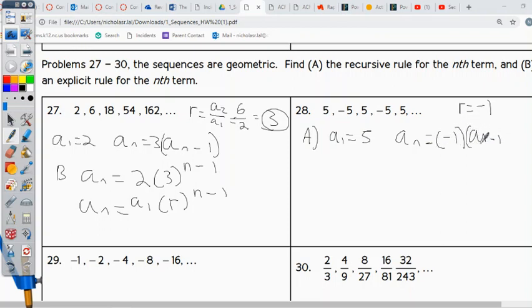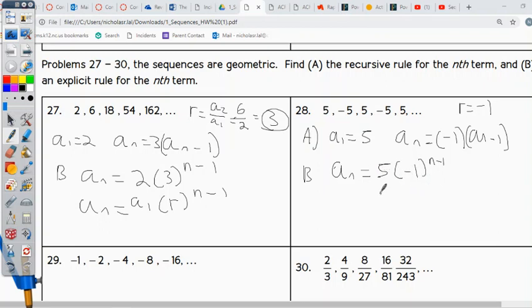And for explicit, AN is equal to A1 times R to the n minus 1, which is 5 times negative 1 to the n minus 1.